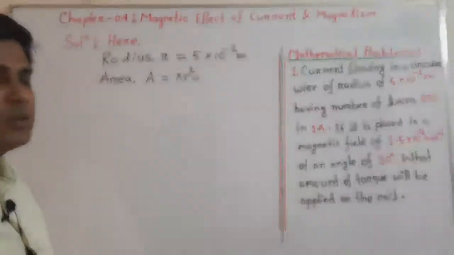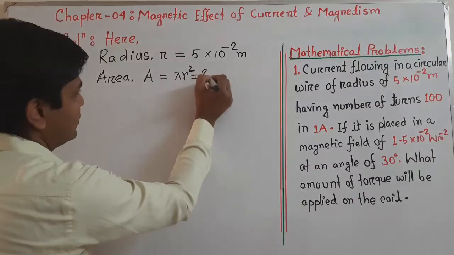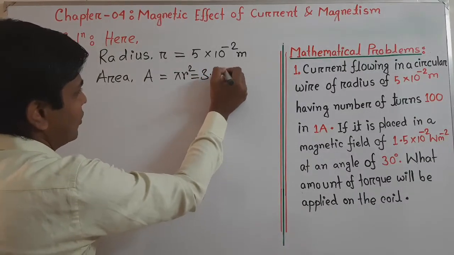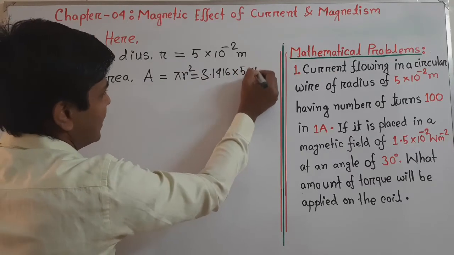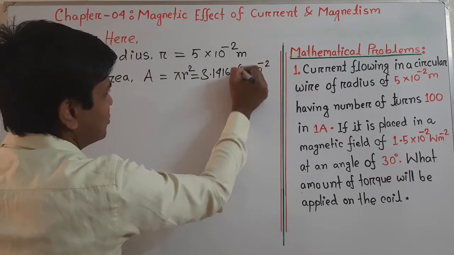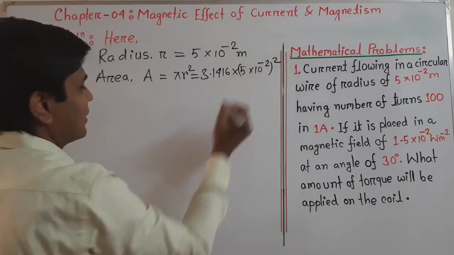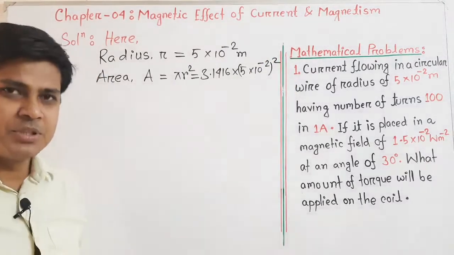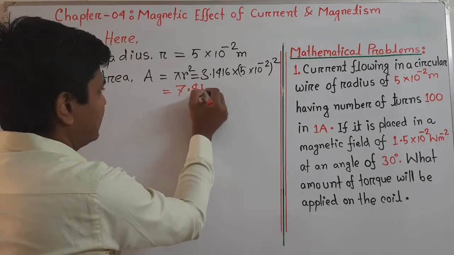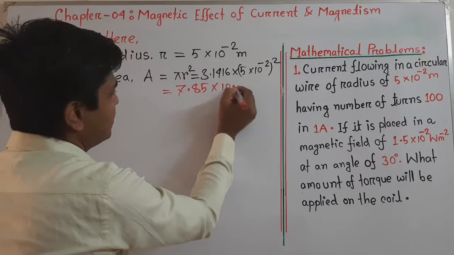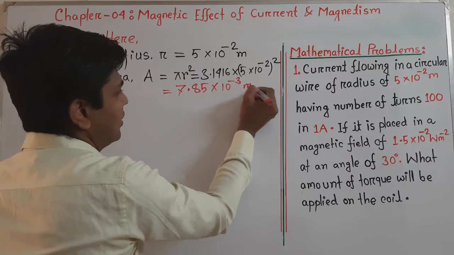Now if we put the value of pi, which is 3.1416, and r as 5 into 10 to the power minus 2 meter, after calculation we will get 7.85 into 10 to the power minus 3 meter square.